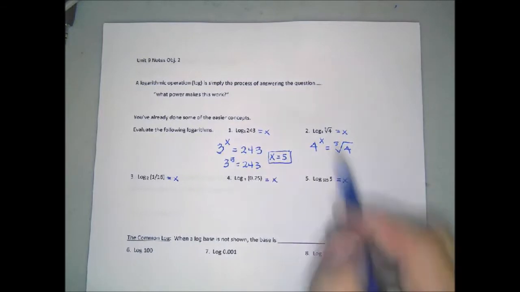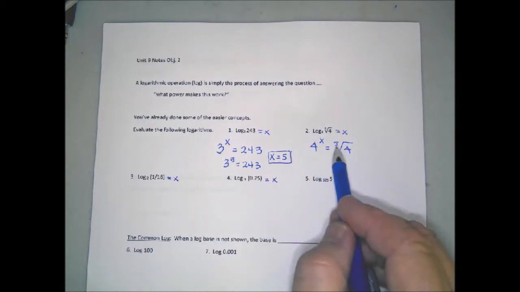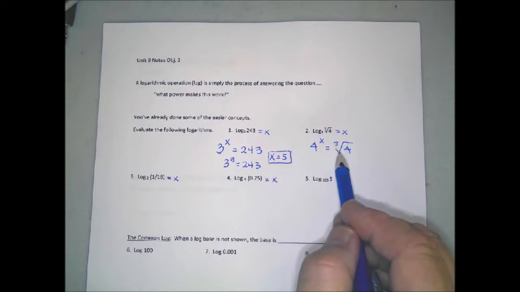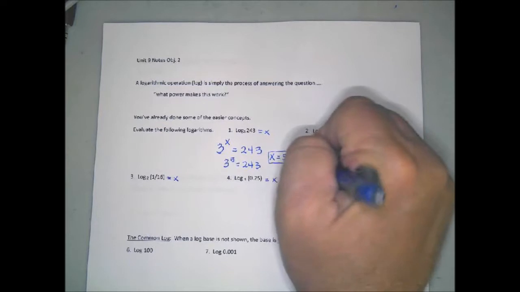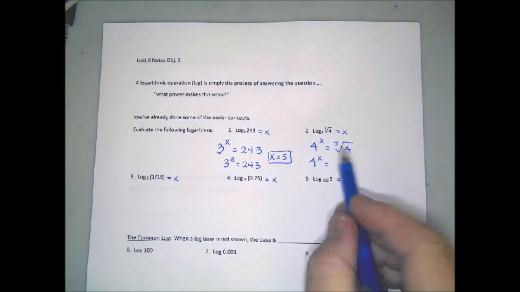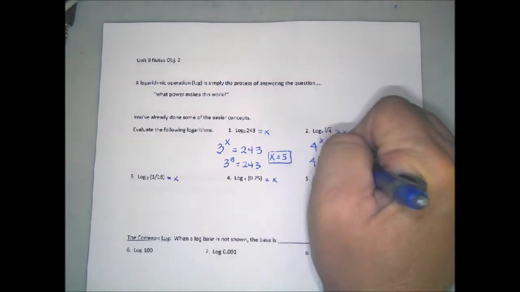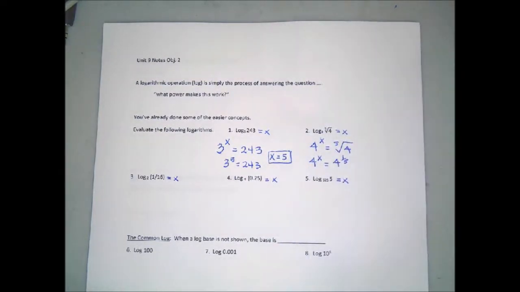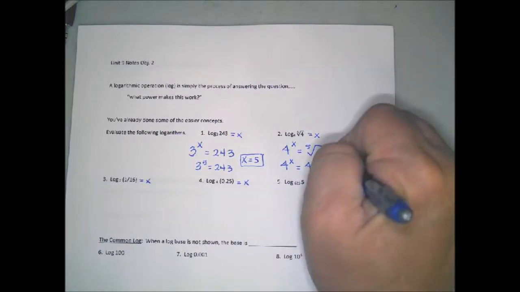Now, I do have common bases, so all I need to do is convert this radical into exponential form. I'm not going to touch the left-hand side: 4 to the x equals, the 5th root of 4 is the same thing as 4 to the 1/5 power. So now what that tells me is the value of x equals 1/5.